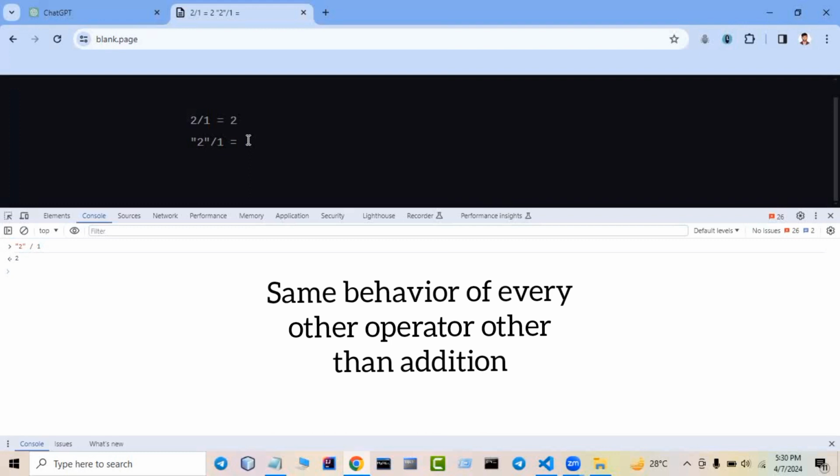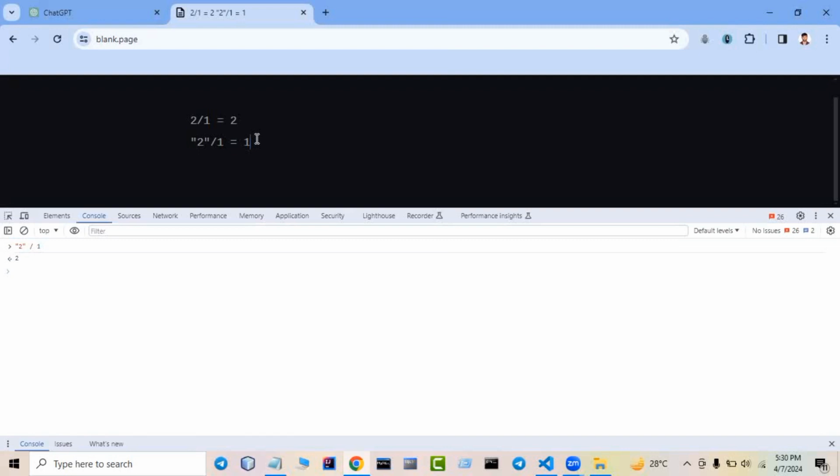But the operator is divide, so firstly JavaScript will try to convert that 2, which is in string representation form, into a number. Then it will divide 2 by 1. That's why when we divide the string representation of 2 by 1, it gives 2.